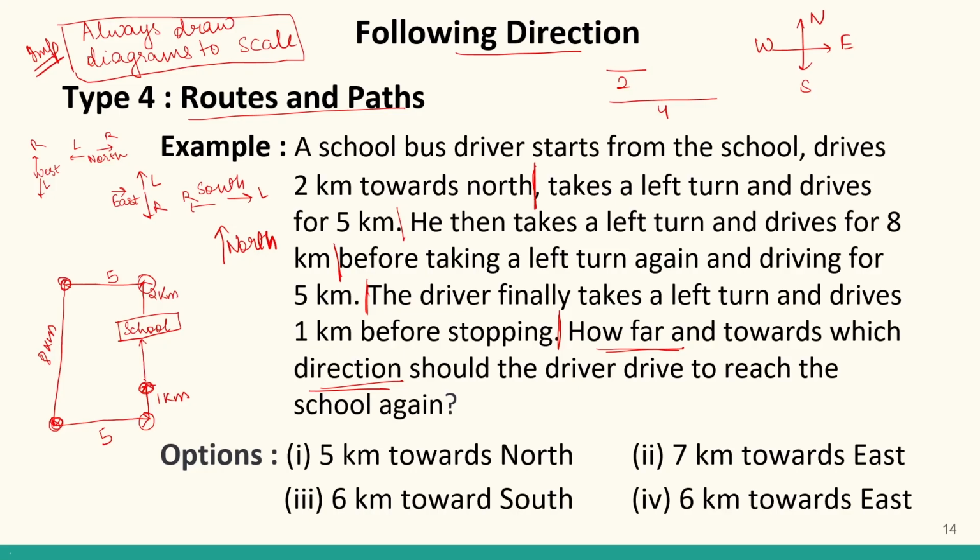So this is the distance between the school and the ending point. So this distance will be how much? This distance will be 8 minus 2 minus 1, which is how much? 5 kilometer. So he would have to go 5 kilometer north to go back to the school, which is option number 1. So option number 1 will be your correct answer.